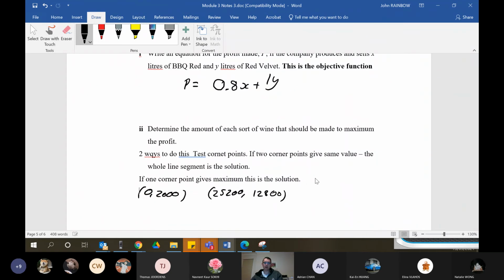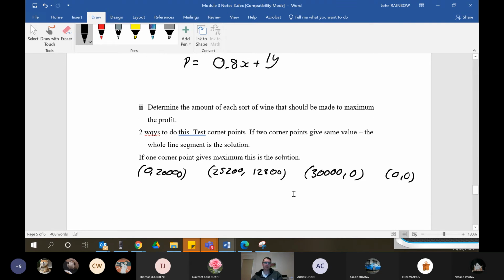And we also have the other one, which is producing 30,000 of the barbecue and none of the red velvet. So that's none of the barbecue, 20,000 of the velvet, 25,200 of the barbecue, 12,800 of the velvet, 30,000 of the barbecue, and none of that. And then you've also got 0, 0.